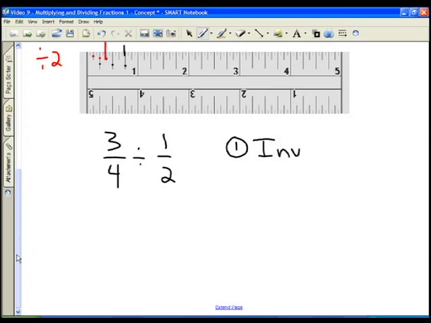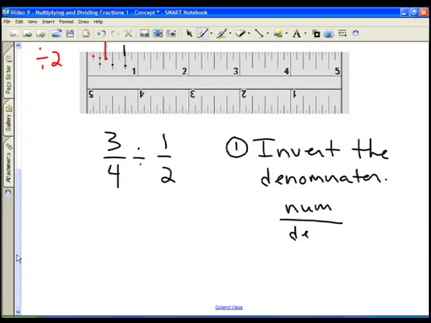First, you have to invert the denominator. And invert really just means to switch the numerator and the denominator.